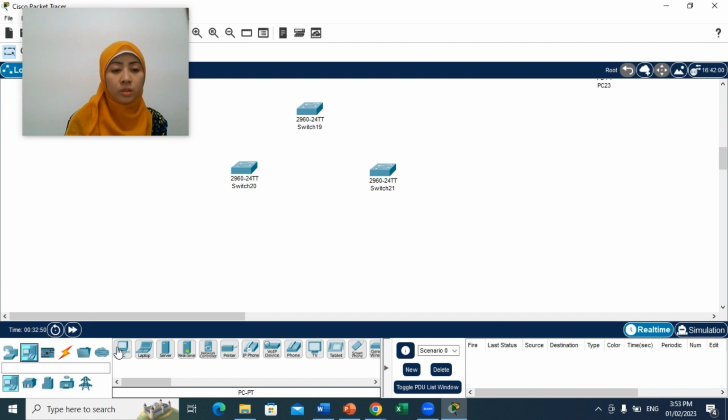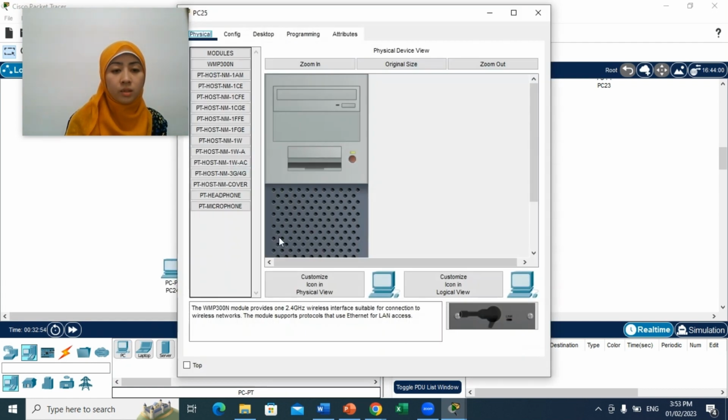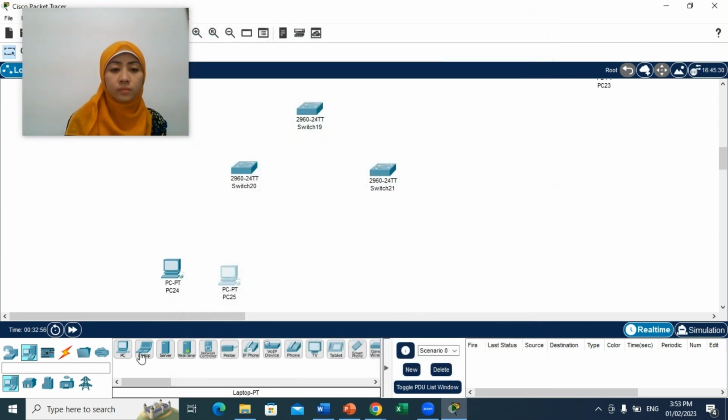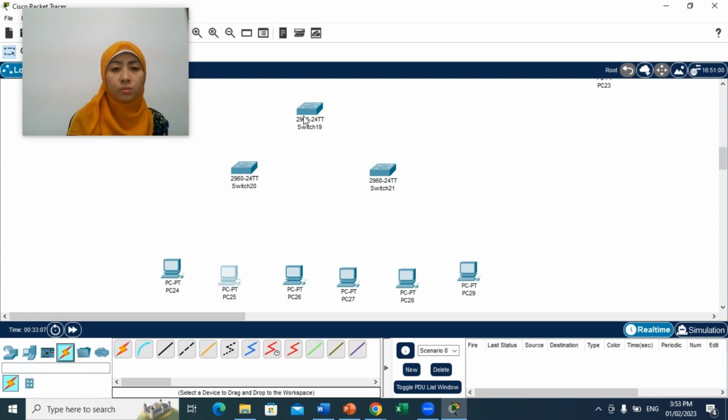And then we need a device, and device, and device. So now we need to connect switches, and then switches to end devices.